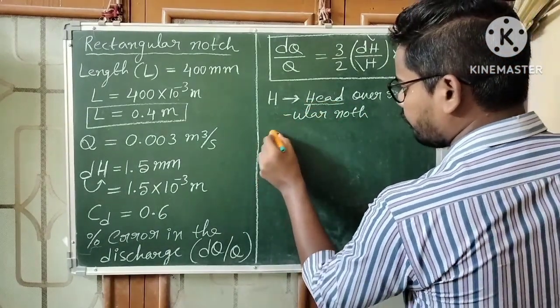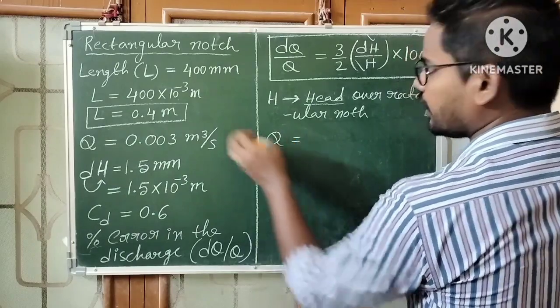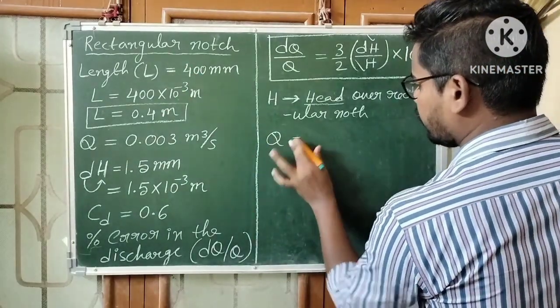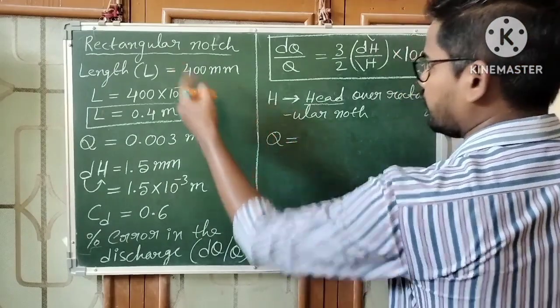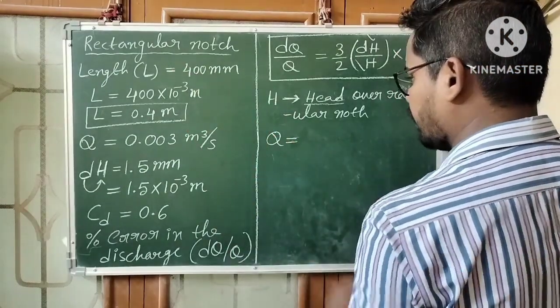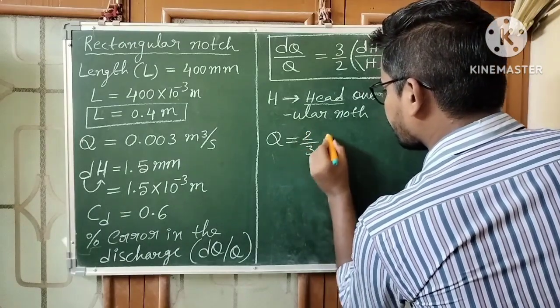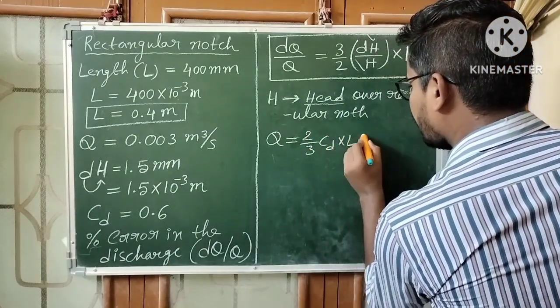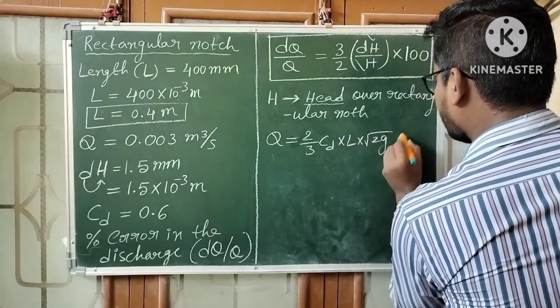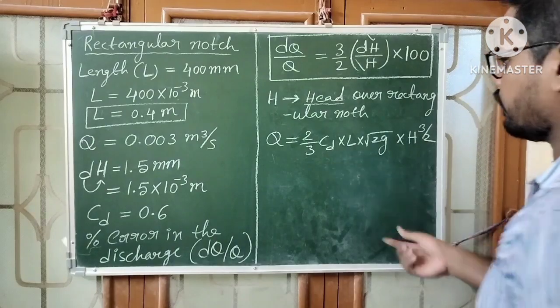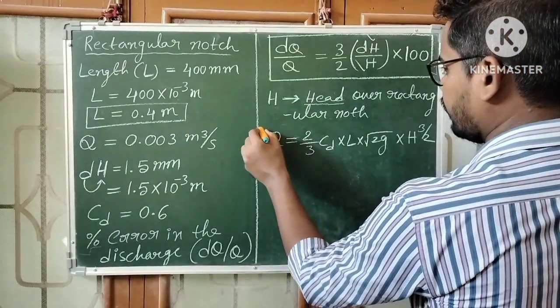We have a formula for discharge. In case of a rectangular notch, discharge Q is equal to 2 by 3 into CD into L into root over 2g into H power 3 by 2.